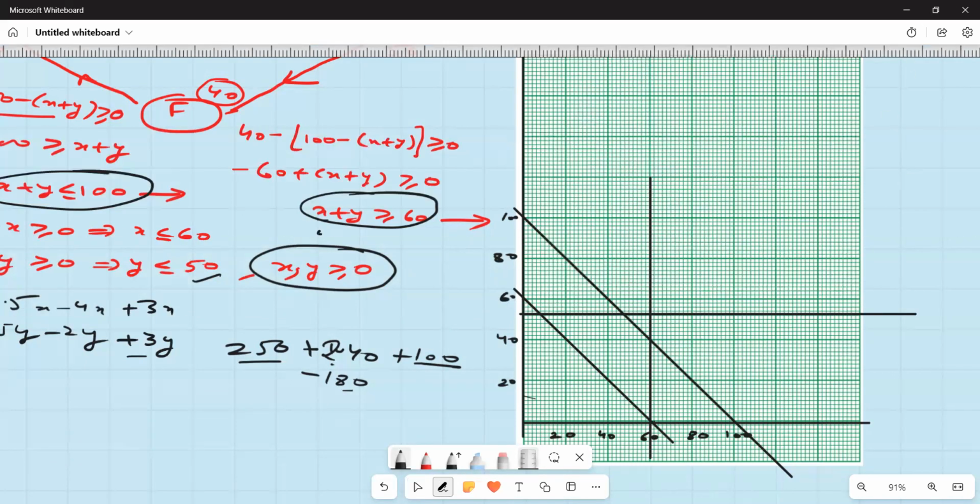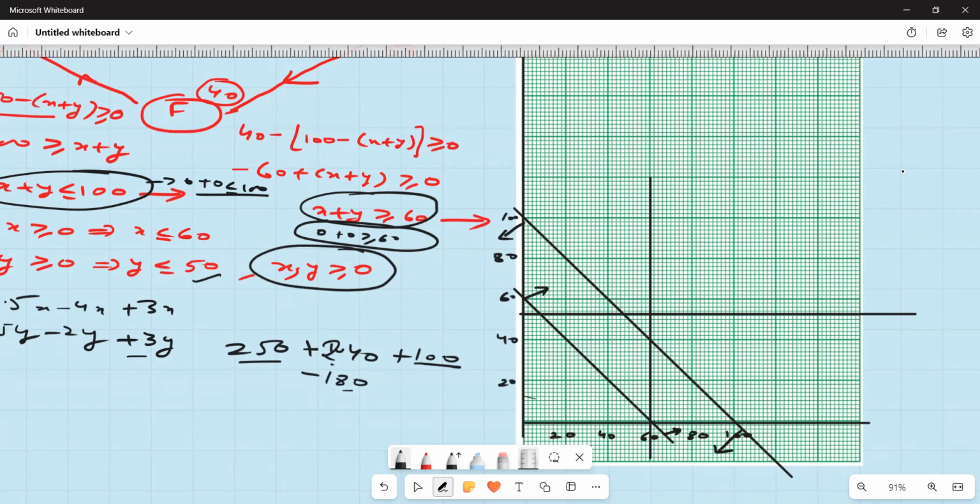Now, if you put 0 and 0 over here, 0 plus 0 greater than or equal to 60, it is away from the origin. So this 60 line is away from the origin, right? And for this 100, 0 plus 0 less than or equal to 100, true. So this is towards the origin.